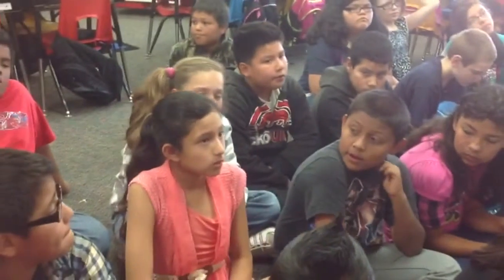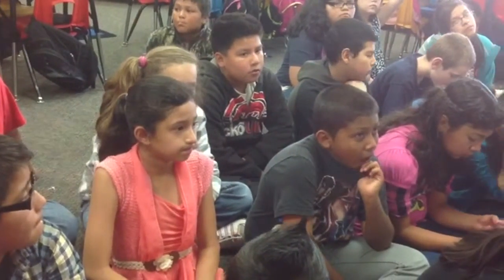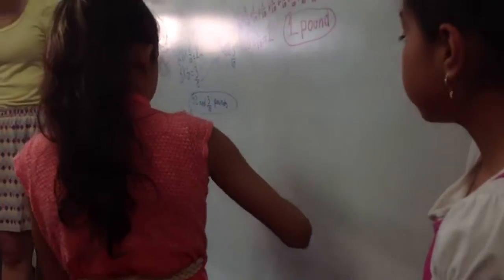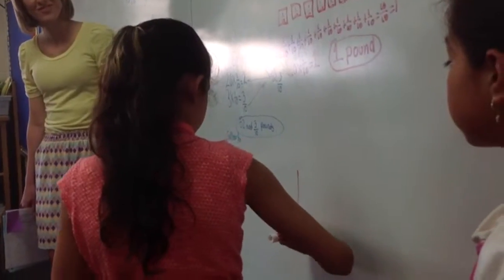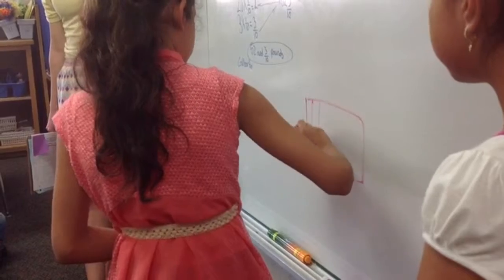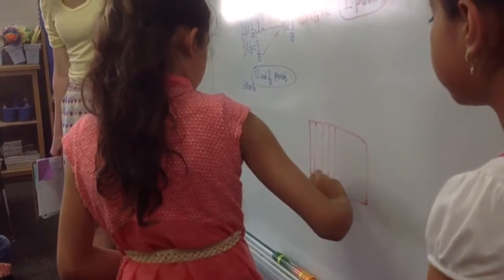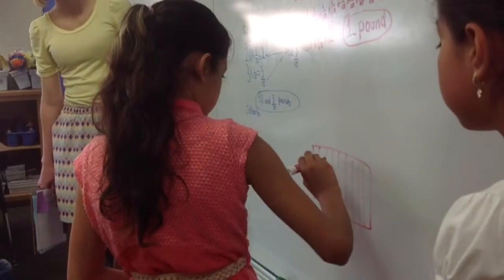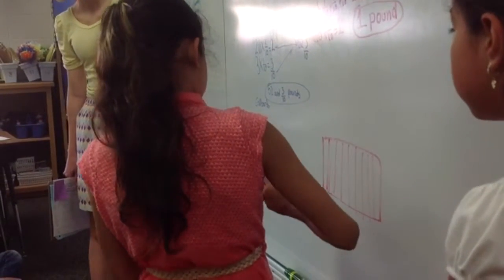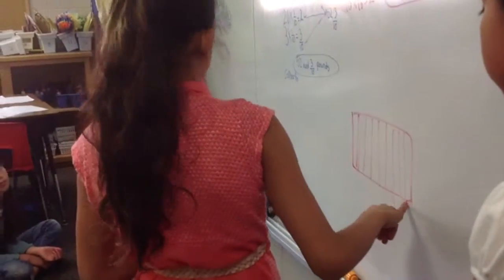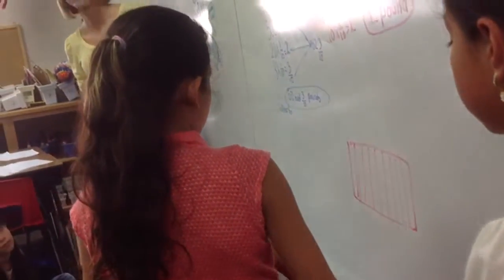It's equal to one whole because it would have a whole piece with 10 inside of them, and you shade in all of them.